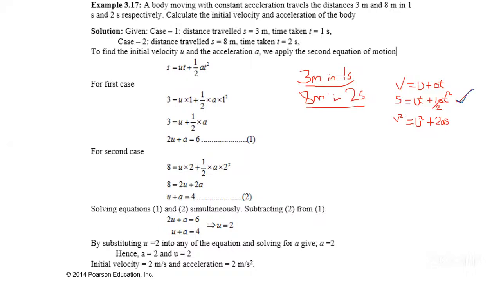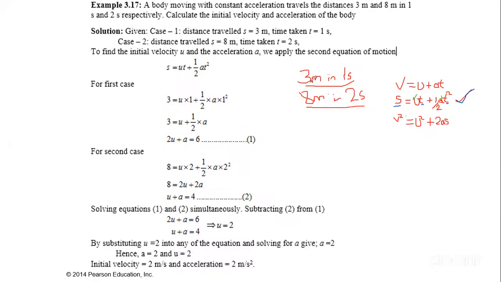We are given distance, that is S, and time, T, to find U and A. In that case, we are going to have 2 sets of equations and solve them simultaneously.